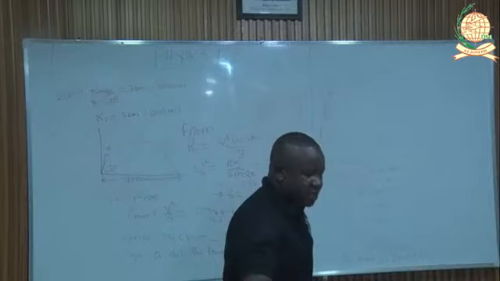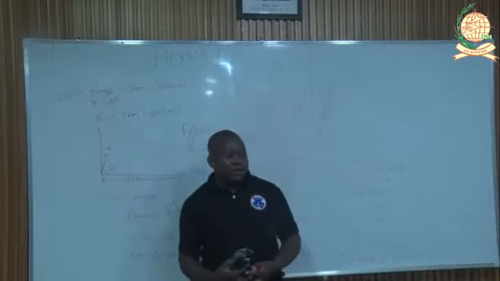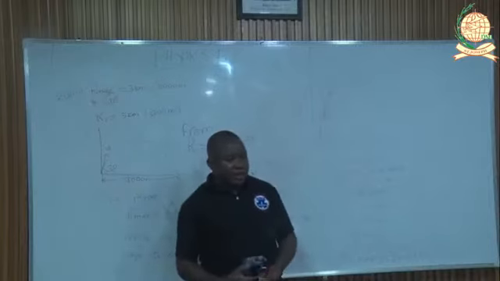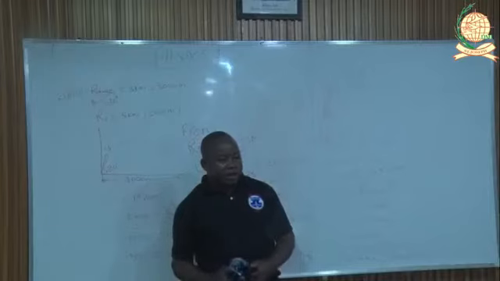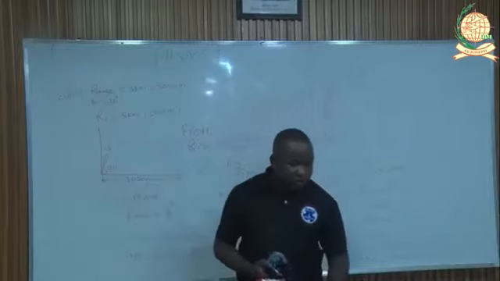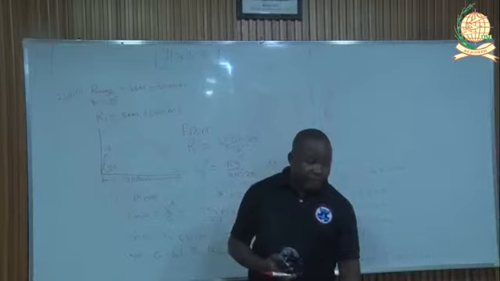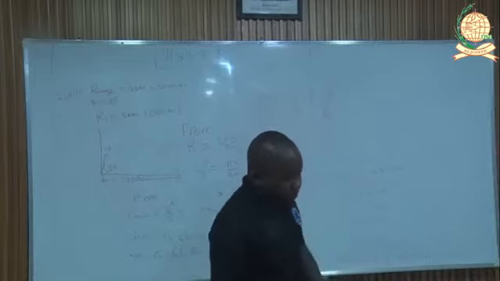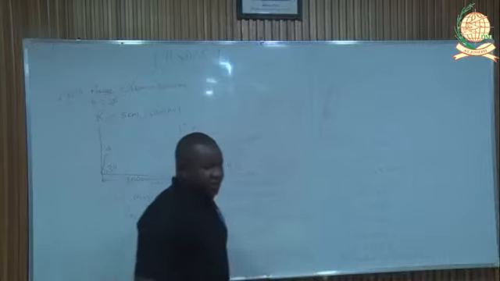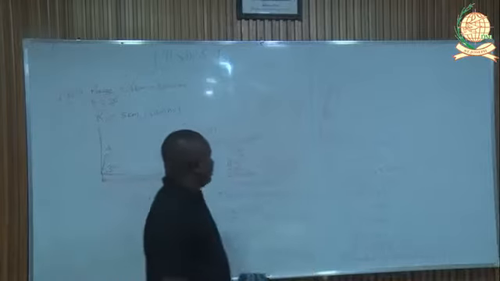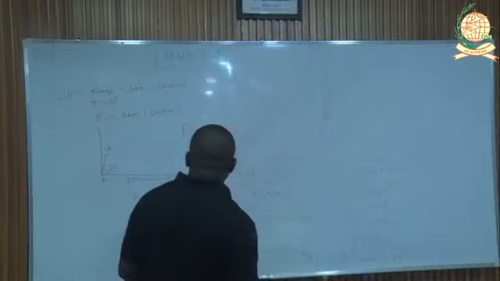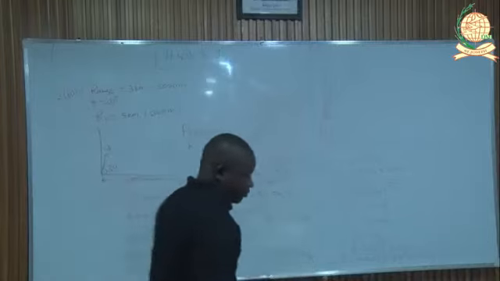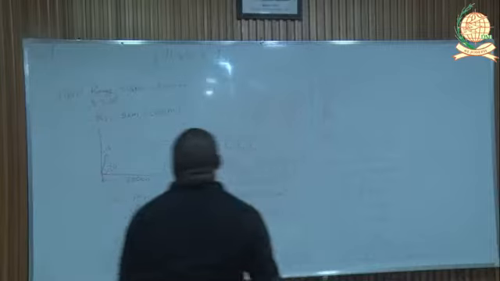B is projected with the velocity 30 meters per second from the ground, vertically below A, making angle 60 with the horizontal. If they collide together.